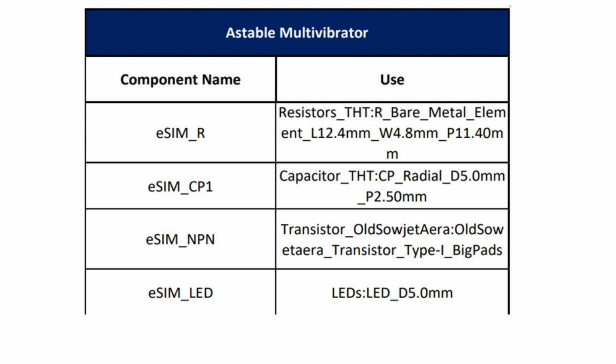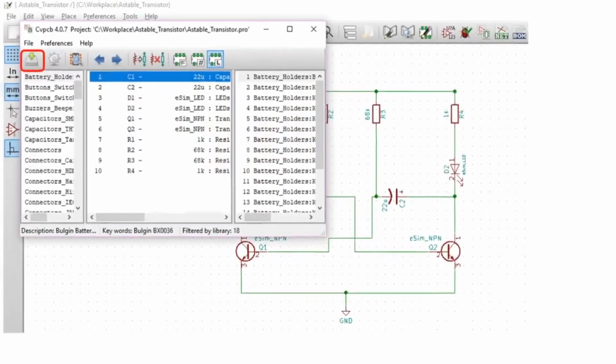For esim underscore CP1, capacitor underscore THT has to be selected. For esim underscore NPN, the particular transistor component has to be selected. Then for esim underscore LED, you have to select the LED D5.0 mm device. So these are the devices which are going to be used for footprints.